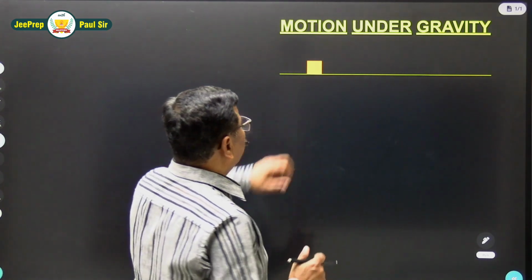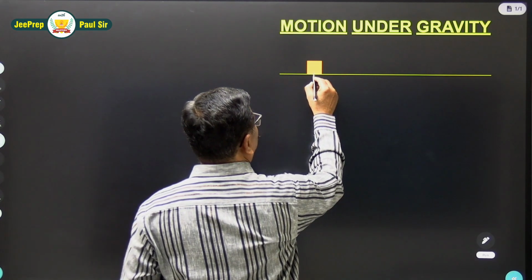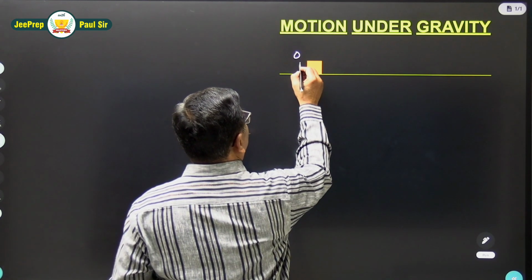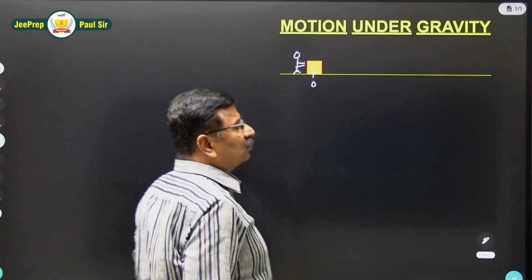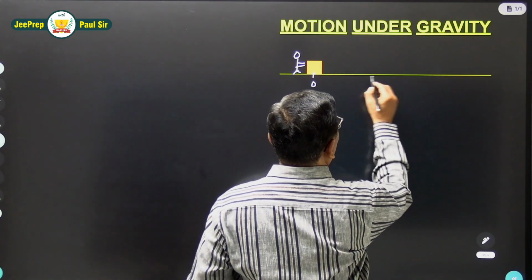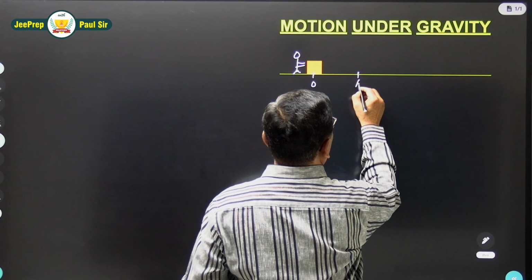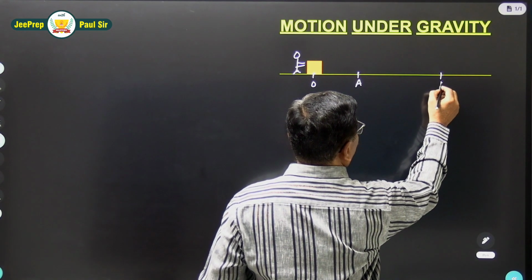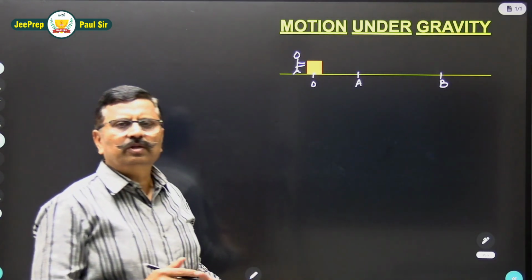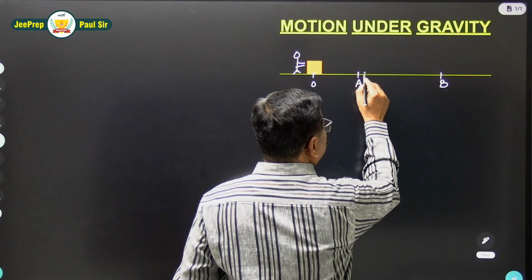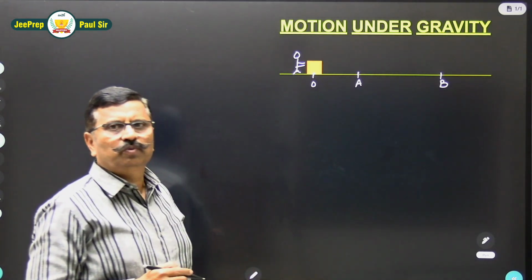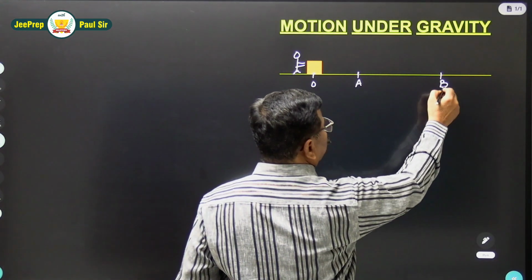See, here there is a body which is at rest at point O, and somebody pushes this body with certain force. Then the body starts moving from point O, it reaches point A, then it reaches point B. And I'm going to consider the motion of the body from point A to B. So this is the initial position for this motion, and this is the final position.